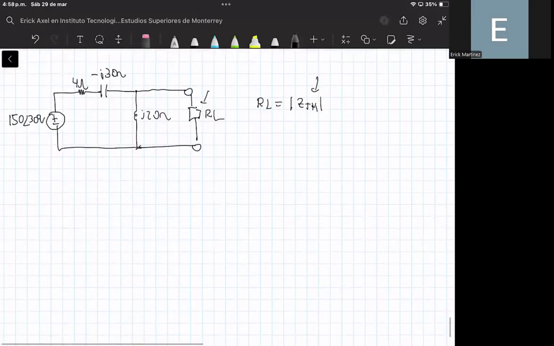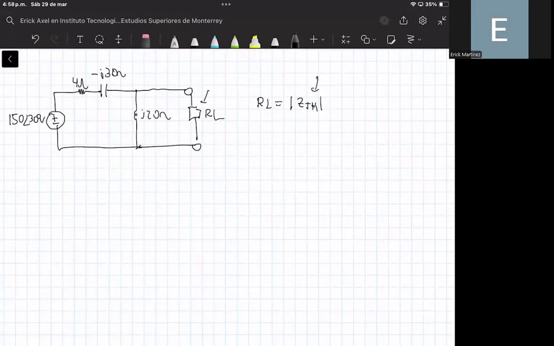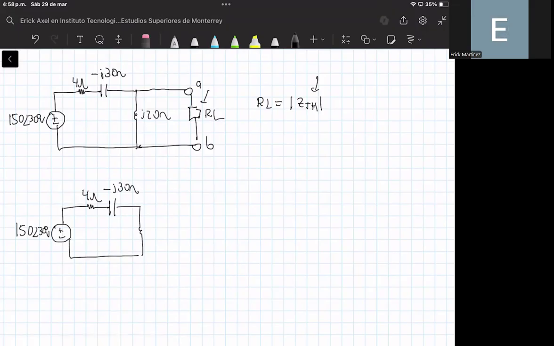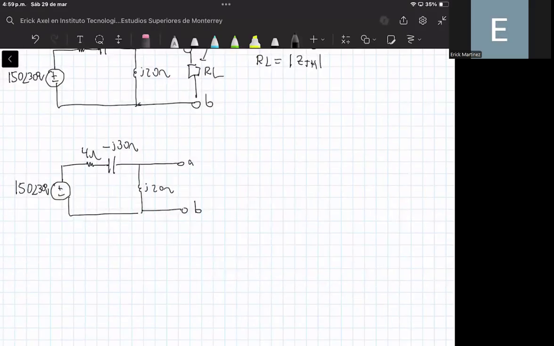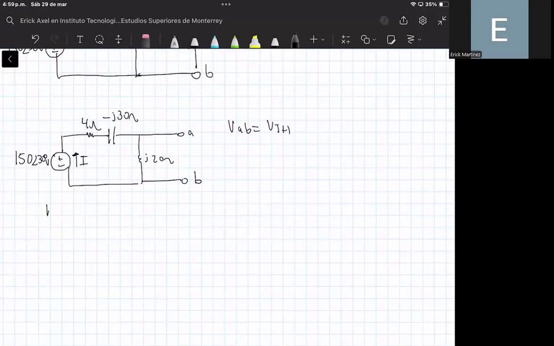So what you can do is the following. First, we need to redraw the circuit in order to compute the voltage between terminals A and B. So I have redrawn the circuit, and the first step is to compute the Thevenin equivalent between terminals A and B. Remember that the Thevenin voltage is equal to the voltage between terminals A and B. We have here a current that is flowing from the negative to the positive terminal, and you can apply Kirchhoff's voltage law to this loop.